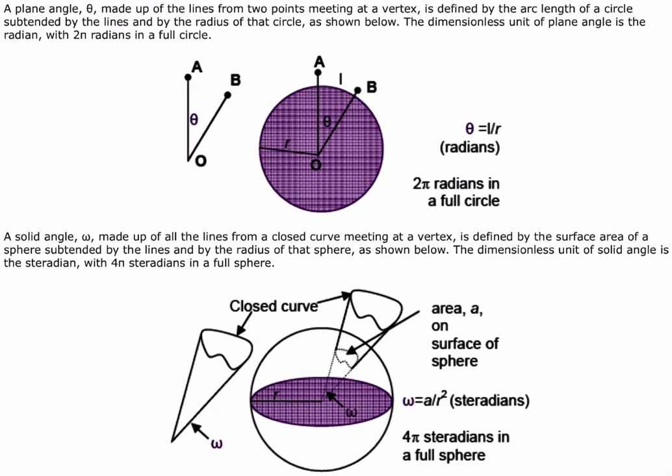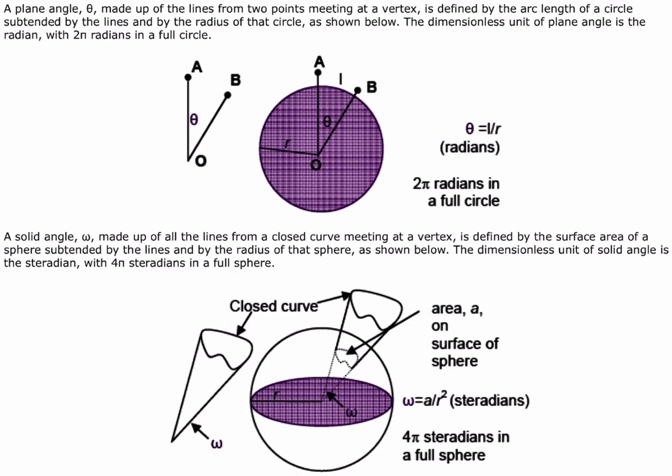So, a plane angle theta made up of the lines from 2 points meeting at a vertex is defined by the arc length of a circle subtended by the lines and by the radius of that circle. So this is the arc and this is the radius of any circle.